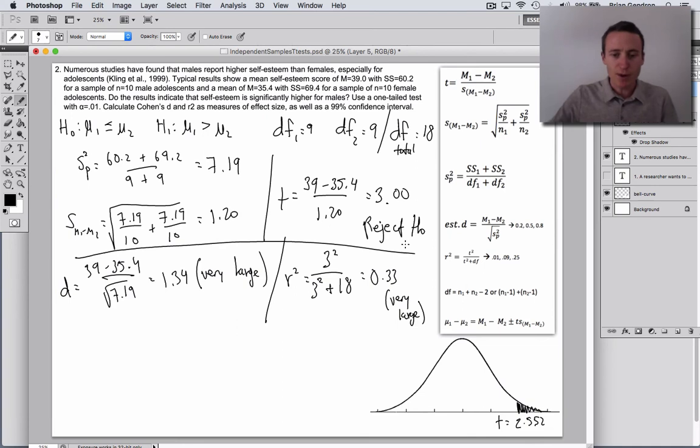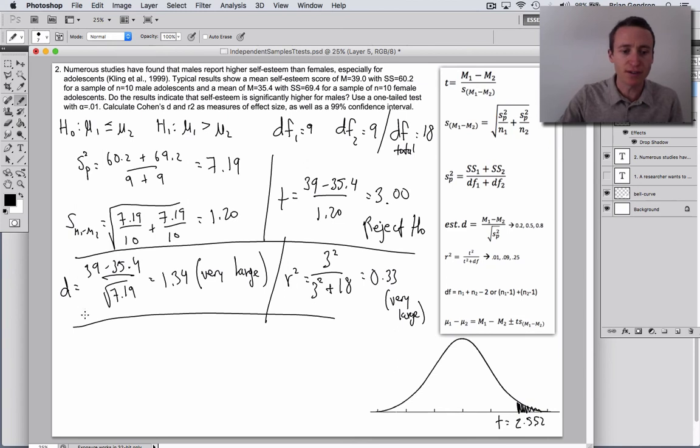So up until this point, we have the following: males reported a statistically significant higher amount of self-esteem compared to females, and that amount is very large according to Cohen's d and r squared. Okay, let's just do 2 more things. First, let's do the confidence interval, and then we will write the conclusion statement as you would find in a published report.